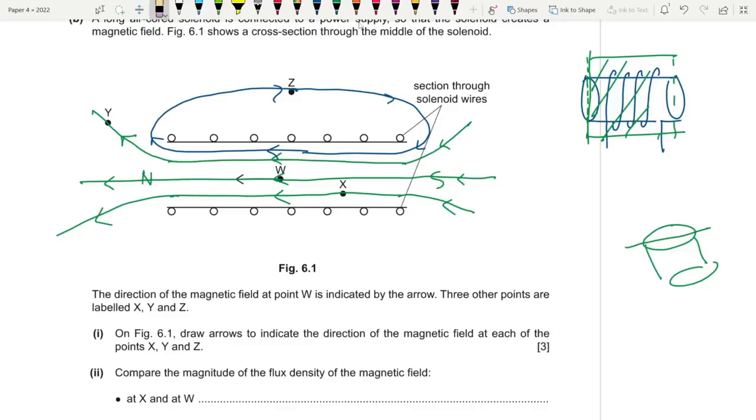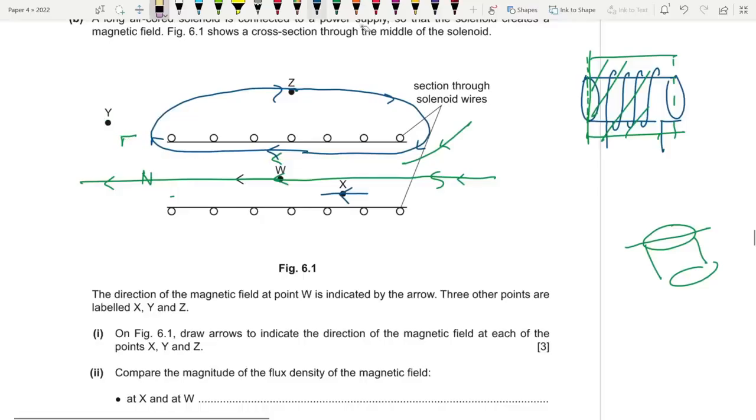So I'm gonna do point X first. For point X, it should be a horizontal line to the left according to my drawing. The one at Y, my drawing looks good. It's gonna be like this. In the mark scheme, they mentioned a line pointing 45 degrees upwards and to the left.